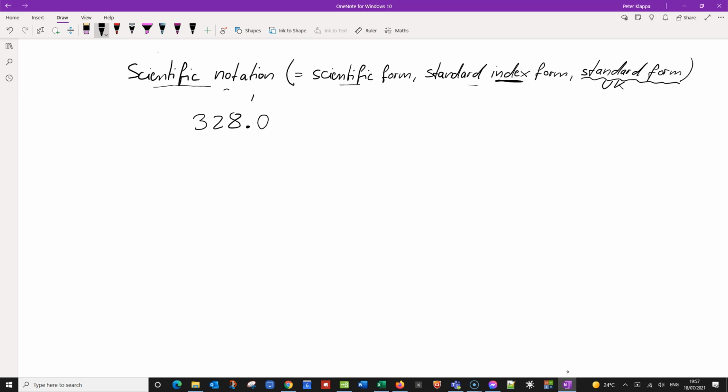So in Germany you would write 328,0, which is the same thing. But in the UK and most other places, this indicates the decimal point. It sometimes causes confusion among students and teachers, but I will stick to the decimal point here.